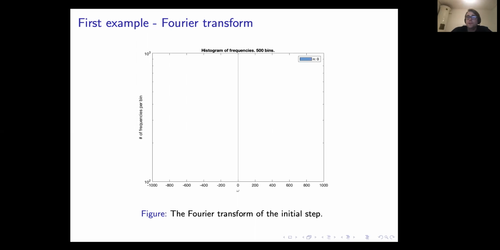Okay, let's look at how the Fourier transform of the reconstructed functions evolves as we follow this Metropolis algorithm. So remember, we seed omega with 0. So at the start, the entire mass is concentrated at 0 here.